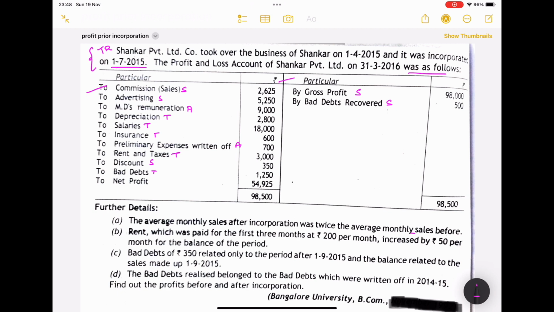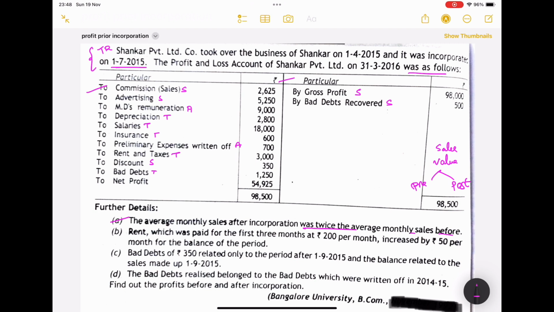So here we have an adjustment related to the sales ratio. They have not given the sales value. In the previous problem they clearly mentioned the pre-incorporation and post-incorporation sales values, but in this question they simply told us that it is twice the average monthly sales before.